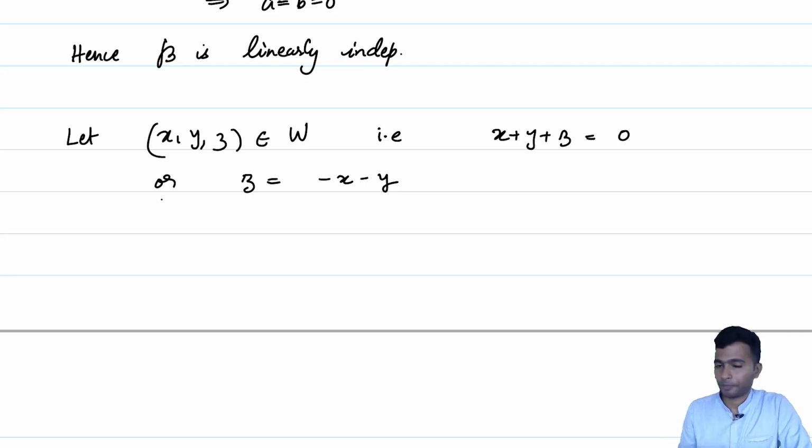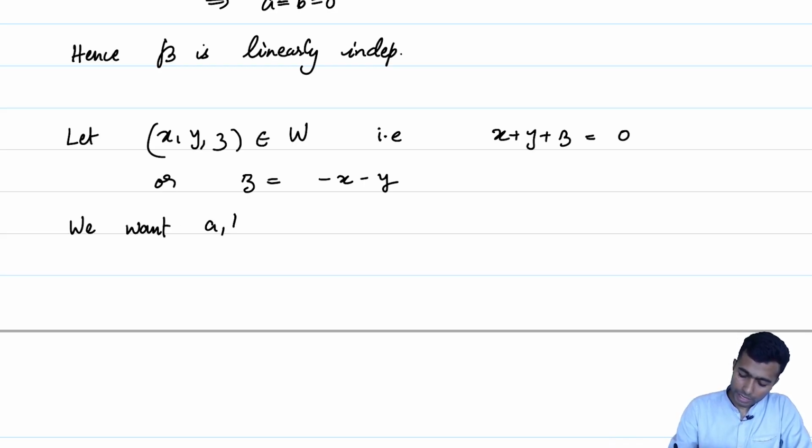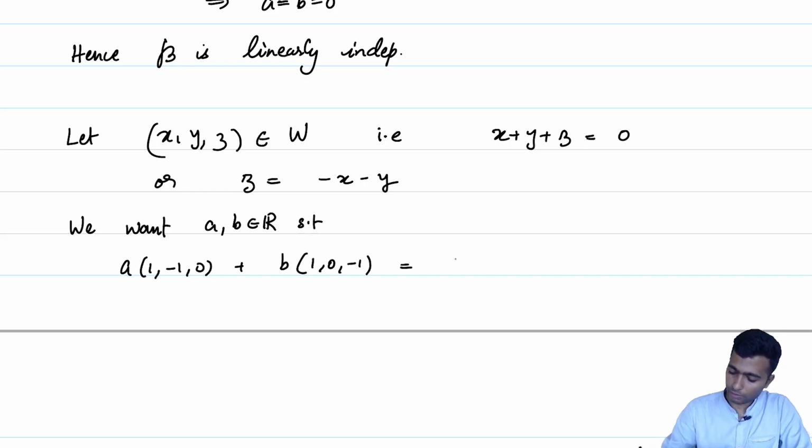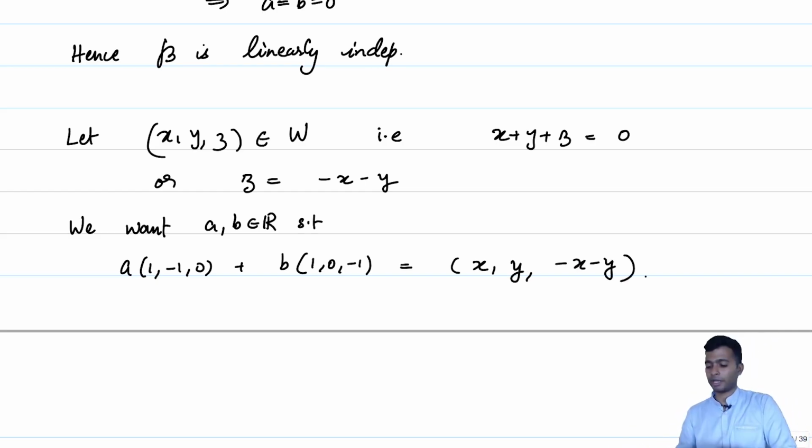So, to check that B is a spanning set, we want scalars A and B such that A times (1, -1, 0) plus B times (1, 0, -1) is equal to (x, y, -x-y), just replacing the z by minus x minus y.